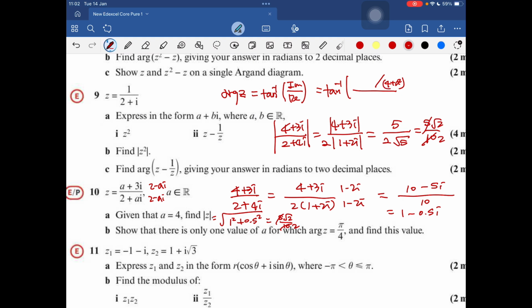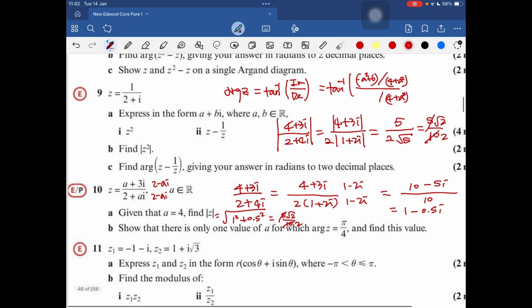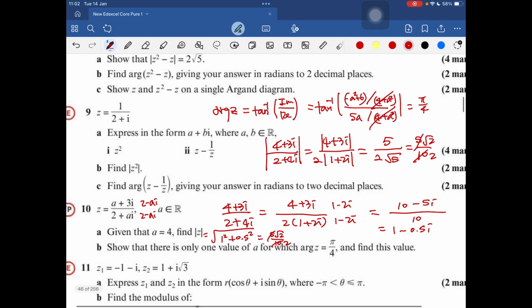And the imaginary part is negative a squared plus 6, and the real part is 2a minus 3 plus 3a, which is 5a. So like this, it should be pi over 4.